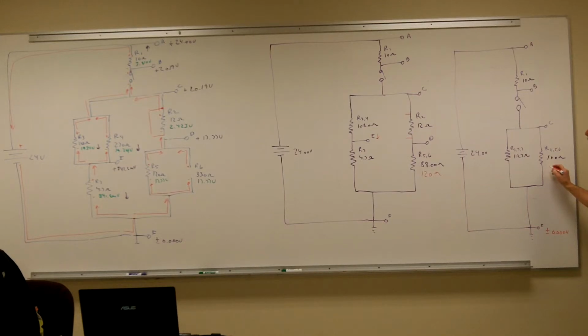So R2, 5, and 6, those are wired up in how? Either series or parallel? Series. Series. So how do I add resistance in series? So what do I get for my new value for R2, 5, and 6? 132 ohms.